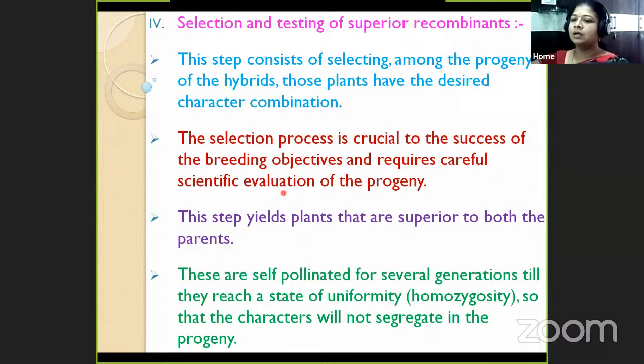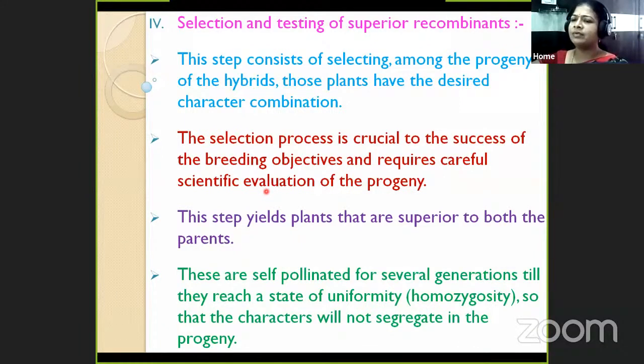In that wheat, when male and female plants are crossed with each other, it can result in the formation of hybrid plants. Those hybrids are evaluated with the help of a standard variety of that wheat plant. Wheat has a standard variety.